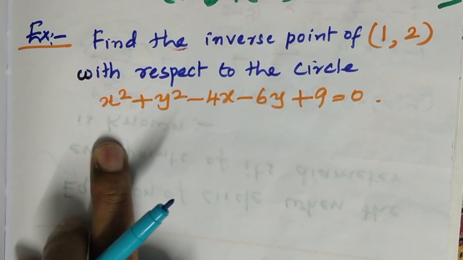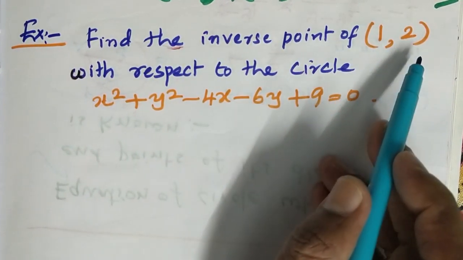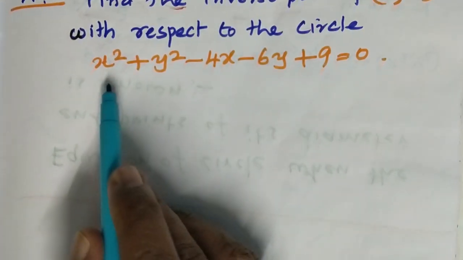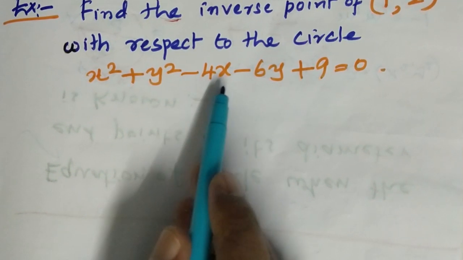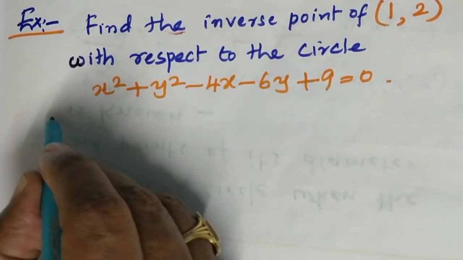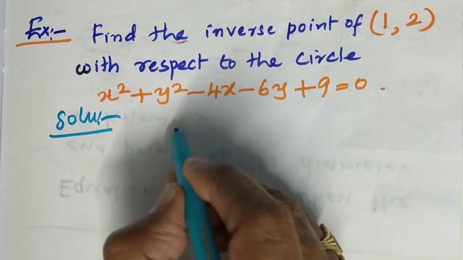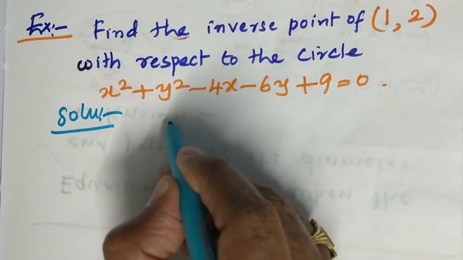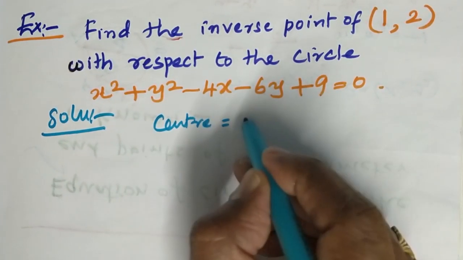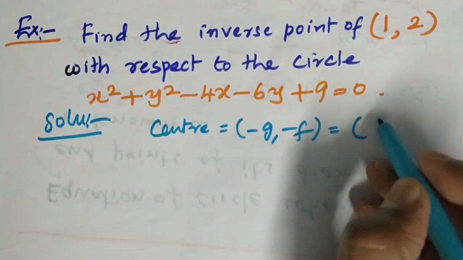Find the inverse point of 1 comma 2 with respect to the circle x square plus y square minus 4x minus 6y plus 9 is equal to 0. Solution. Here the center minus g minus f is equal to, what it is, 2 comma 3.